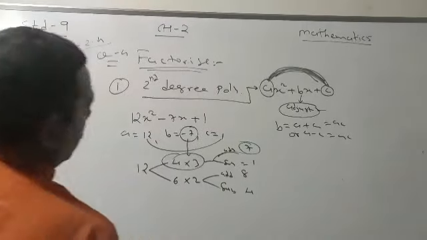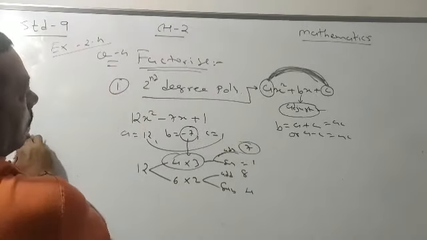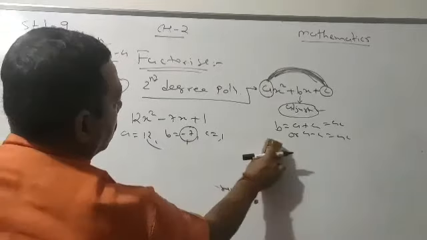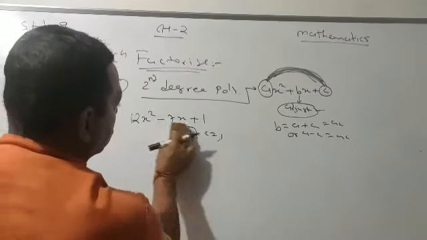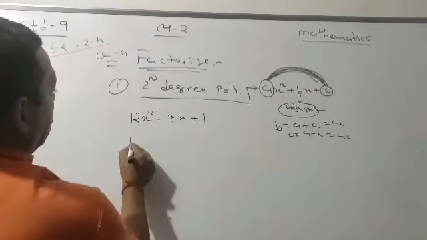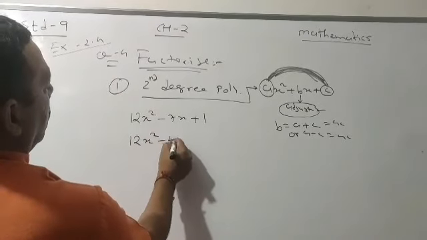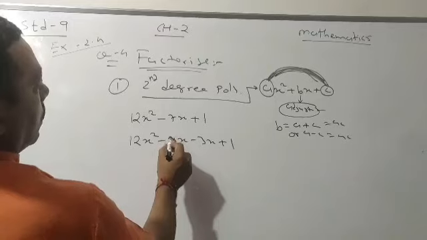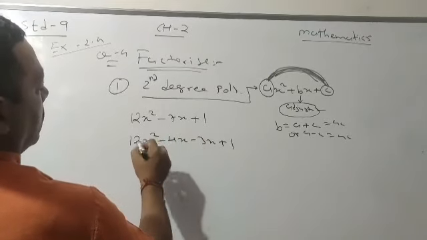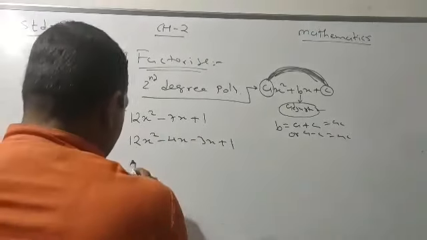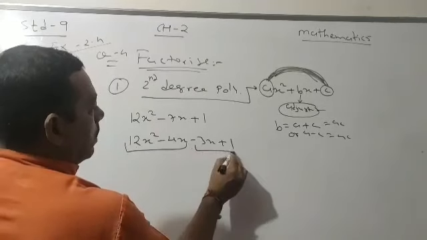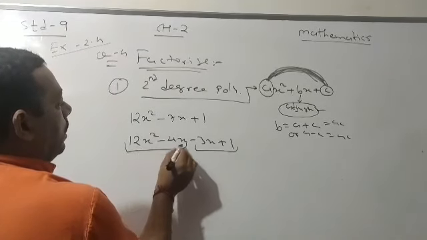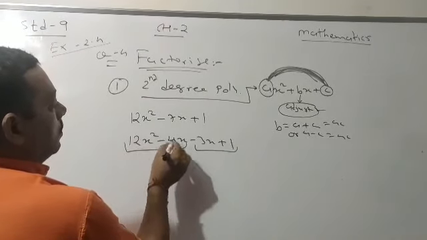So what exactly will we write here? We will write 12x square minus 4x minus 3x plus 1. See, 4 and 3 make 7, and 4 threes are 12. Right? Now after that you have to make pairs of 2, 2. What can we take common from these two?